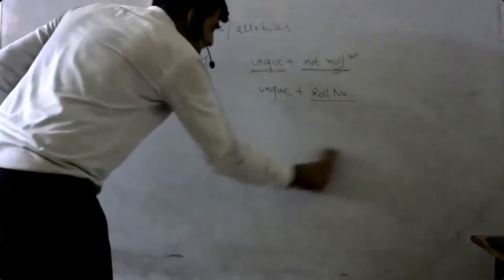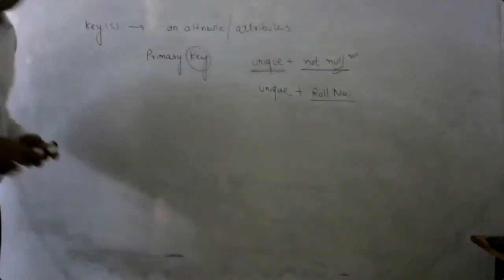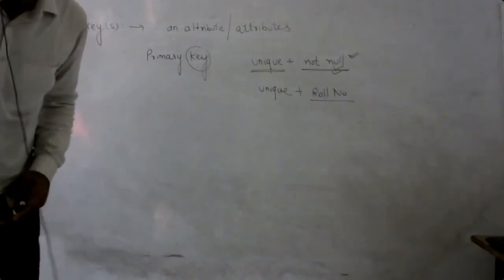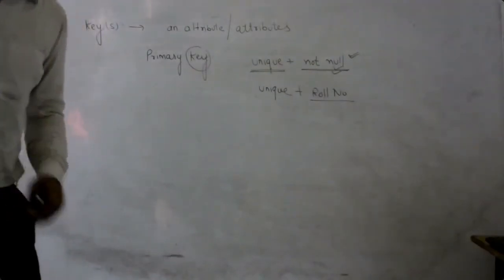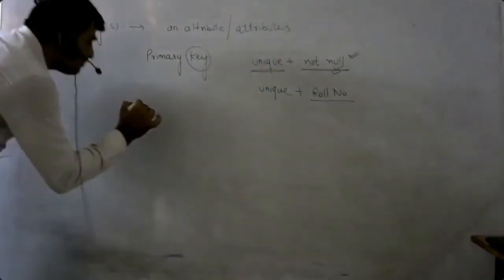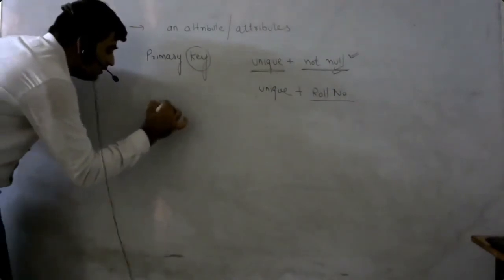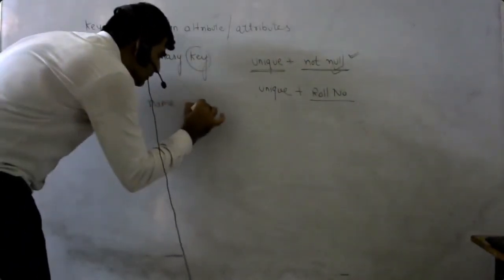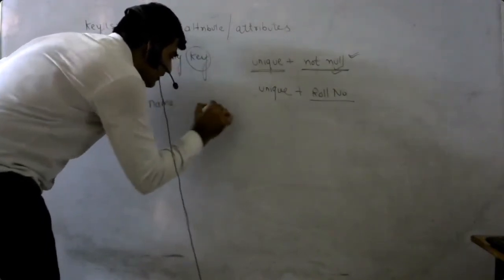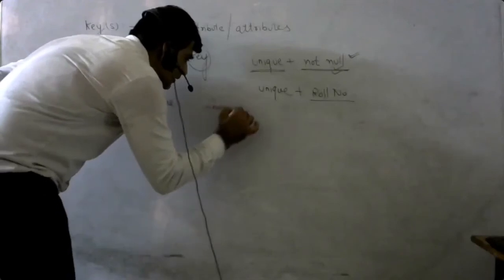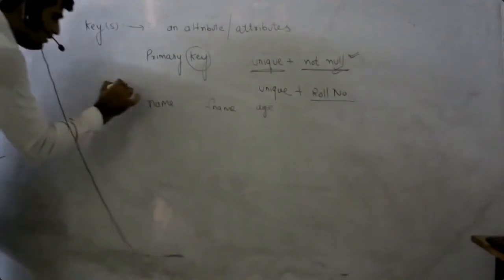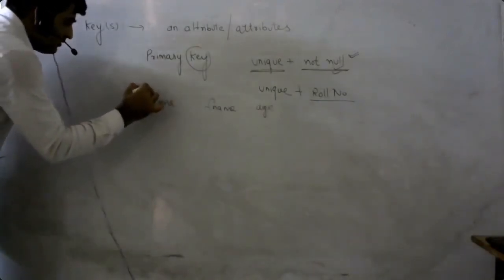A primary key is an attribute, or sometimes a particular attribute is not able to identify the tuples, so we will take the combination of one or more attributes. Suppose there is name, department, father name, and age in a relation.